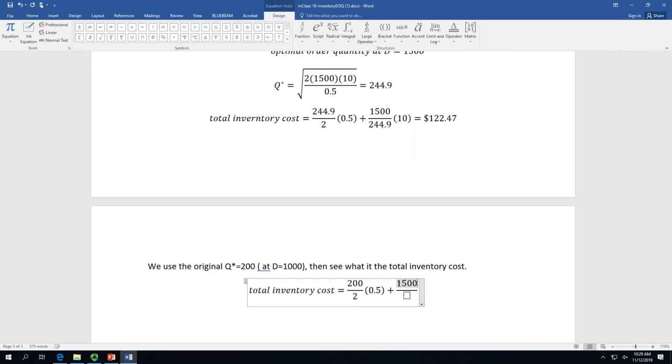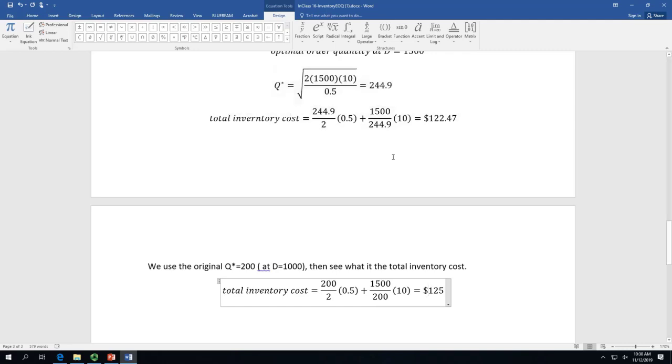Now the demand is 1,500, but we still use 200, so each year you will make 7.5 orders, times $10 per order. Now the total cost is $125.